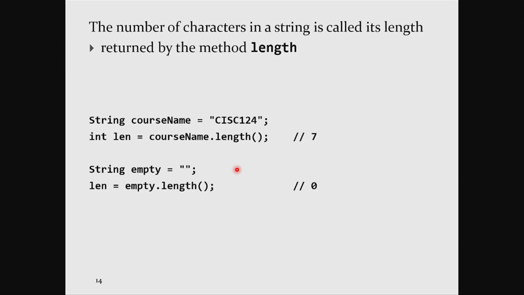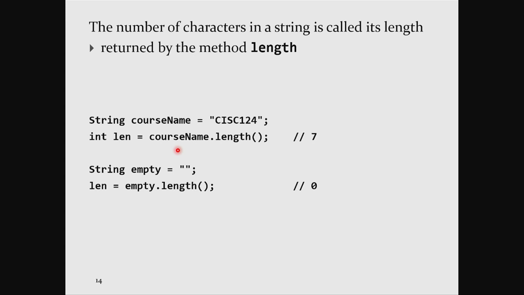The number of characters in the string is called the length of the string. How do you get the length? Well, there's a method called length. So if I have the string courseName, which is the string CISC124, then the length of that is just courseName.length. Again, it's a non-static method. Remember, a non-static method is associated with an object.